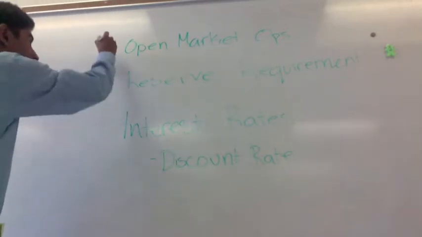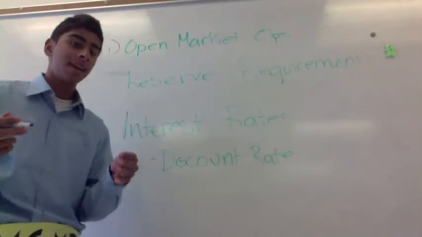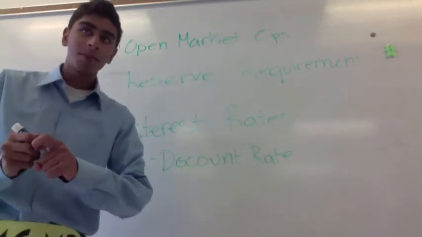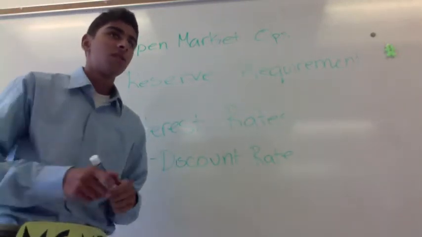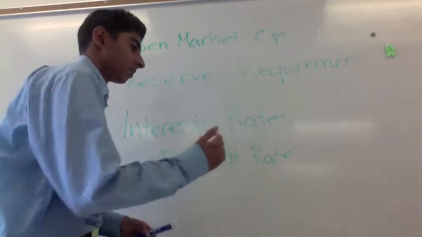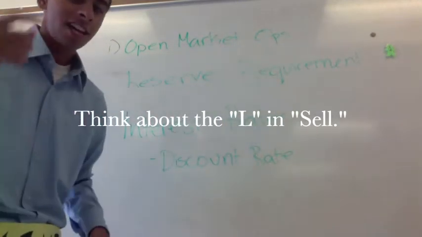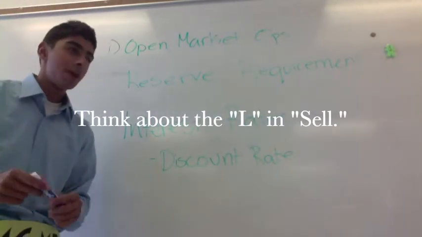The first one is open market operations, which is buying and selling bonds. And remember, guys, buy shifts the money supply to the right, sell shifts the money supply to the left. Because think about the L in sell and think left, and that's how you remember that.